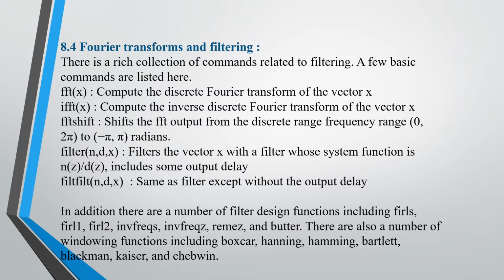A few basic commands are listed here. fft(x) computes the discrete Fourier transform of the vector x. ifft(x) computes the inverse discrete Fourier transform of vector x. fftshift shifts the FFT output from the discrete frequency range 0 to 2 pi to minus pi to pi radians. filter(n, d, x) filters the vector x with a filter whose system function is n of z divided by d of z, and includes some output delay. filtfilt(n, d, x) is the same as filter except without the output delay.